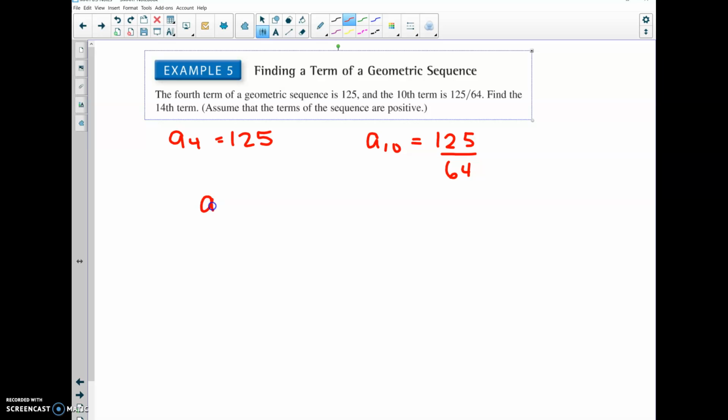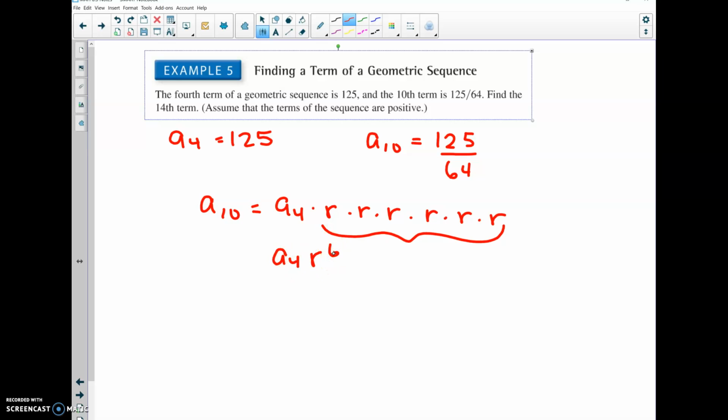So the 10th term would be the fourth term times your common ratio one time would be the fifth term, sixth term, seventh term, eighth term, ninth term, 10th term. So that would be the fourth term times r to the sixth, your common ratio raised to the sixth power.